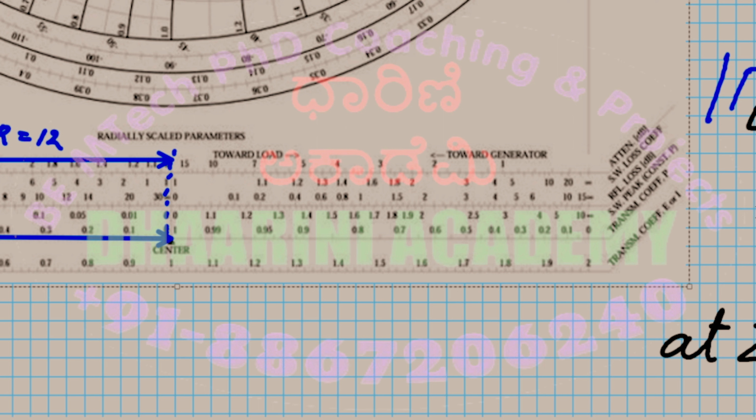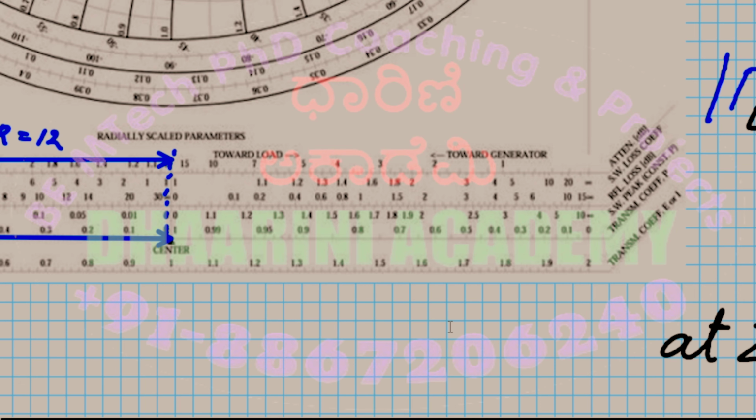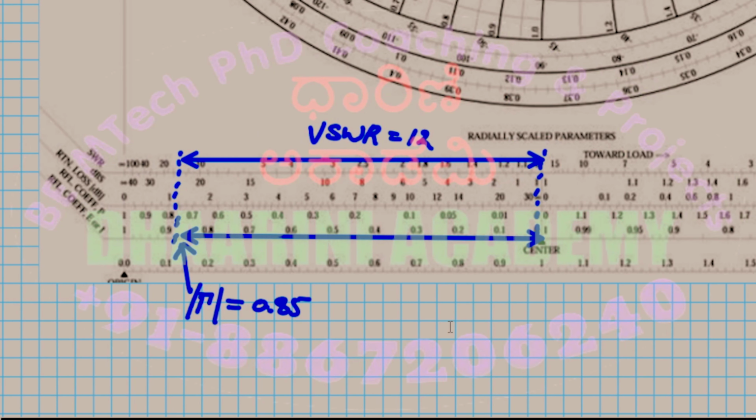So how we got these values, I think you're fine with that. Keeping the same radius and measuring it on the first scale gives the VSWR. On the fourth scale, we get the reflection coefficient in terms of the voltage or the current.